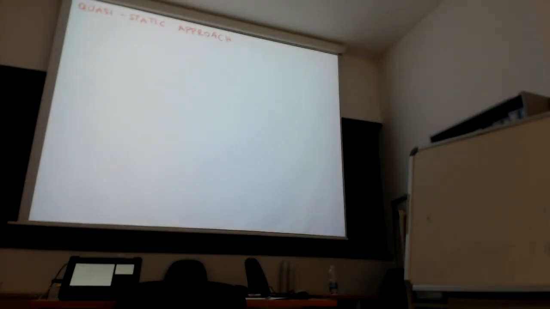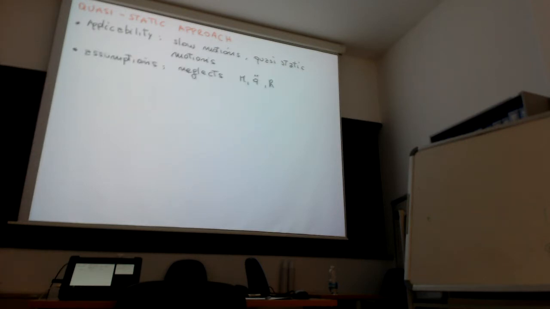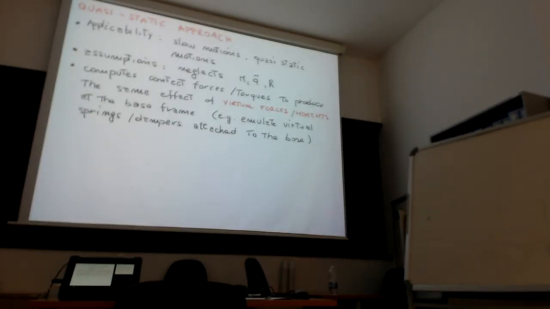The first approach, the simplest one, is a quasi-static approach, so it works for very slow motions and also quasi-static motions, where you can neglect the influence of the joint dynamics and also the inertial effects, acceleration, Coriolis, and so on.